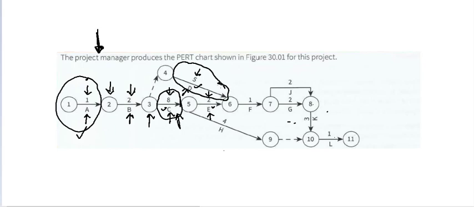We have tested our modules independently, individually, right? So this activity D can finish at the same time that activity E is finishing, which means that testing of individual modules as well as integration testing can finish at the same time.